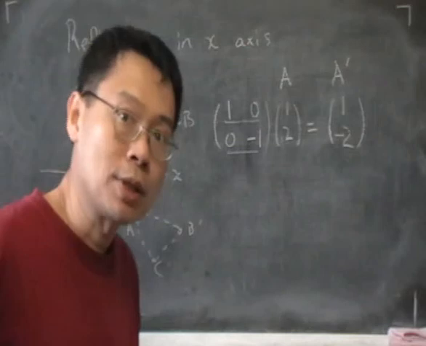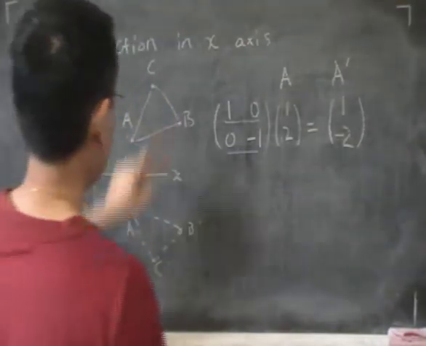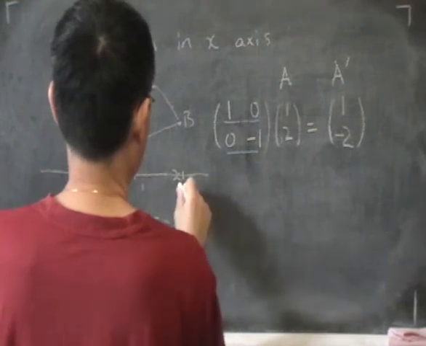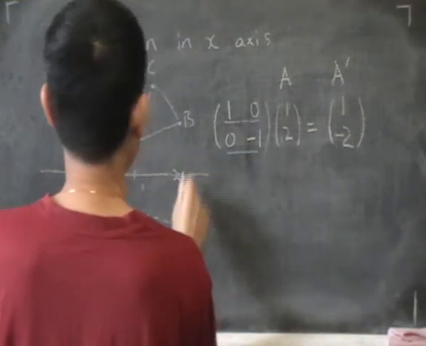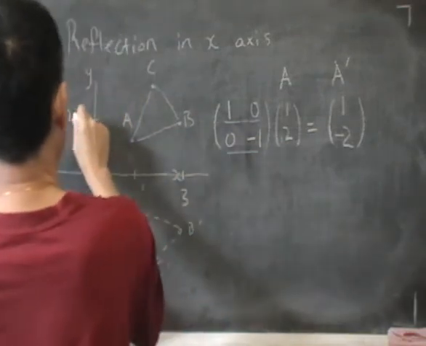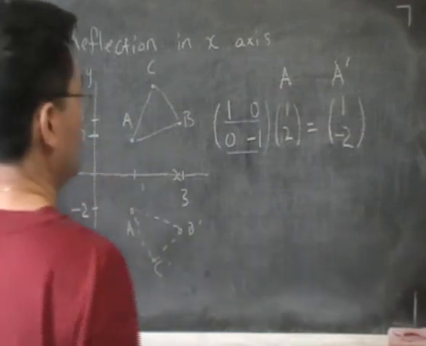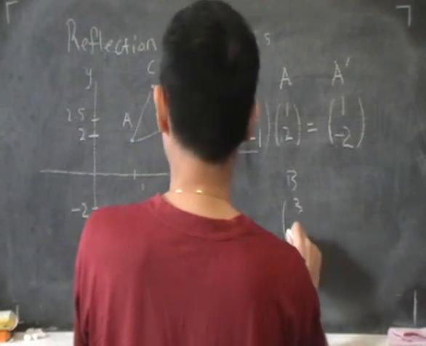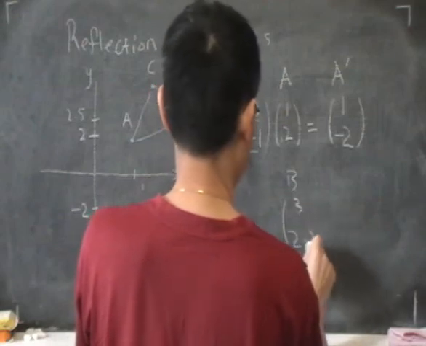And the idea is that you can apply that to any point. If you have this point B, for example, let's say that's 3 and 2.5. So B is 3 and 2.5.